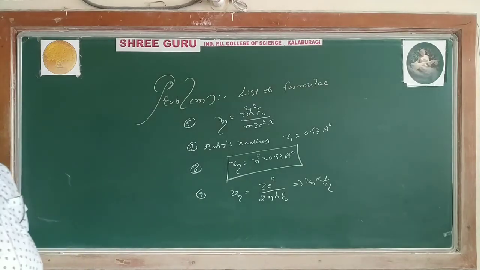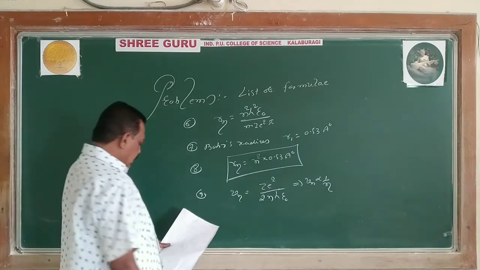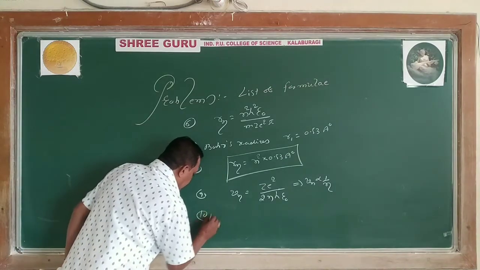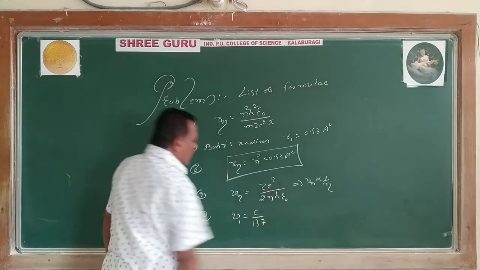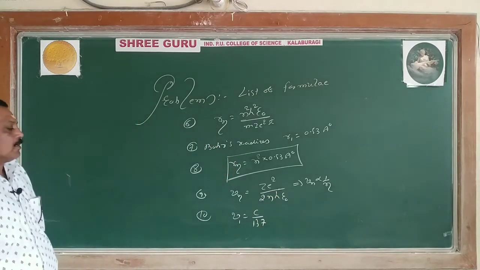Then we come across the first orbital velocity, v1 equals c divided by 137, where c is the speed of light.